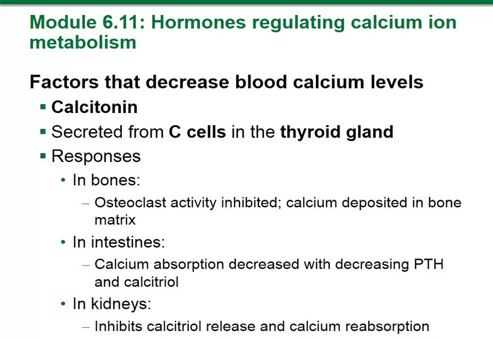Your calcium is deposited in the bone matrix. So we're taking calcium out of the bloodstream. In your intestines, calcium absorption is decreased, and you get decrease in PTH and calcitriol. And in your kidneys, it inhibits calcitriol release and calcium reabsorption. So the totally opposite effect of parathyroid hormone.